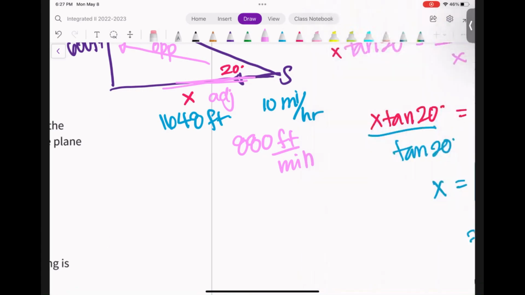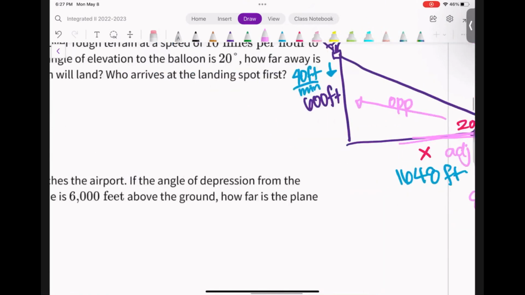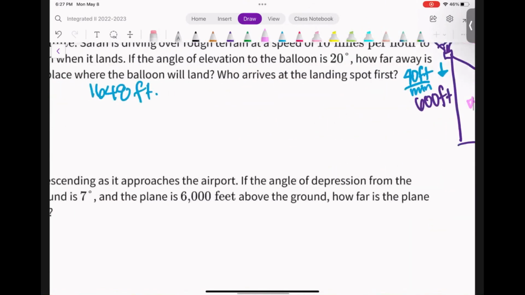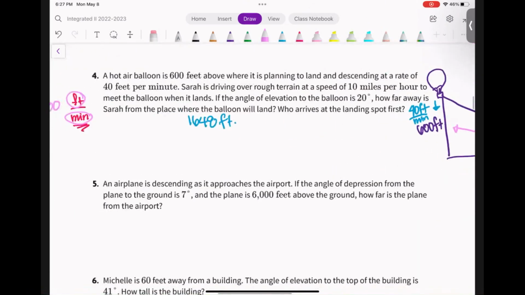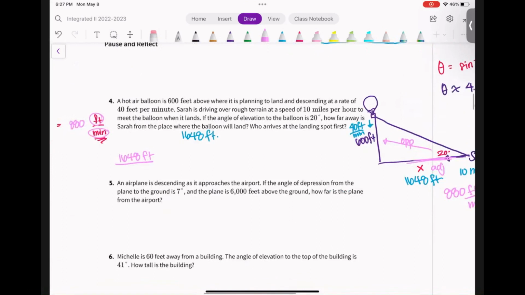So it's going to take Sarah, let's write some math on that. Let me put it over here. Sarah has to travel 1,648 feet divided by 880 feet per minute, which is going to be 1.9 minutes. This is Sarah, with an H.